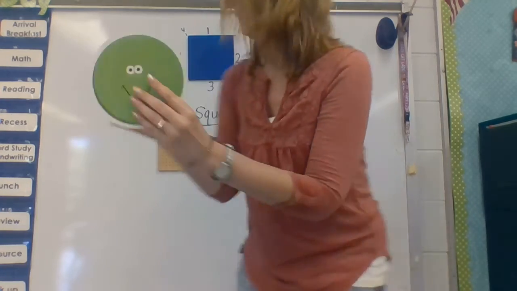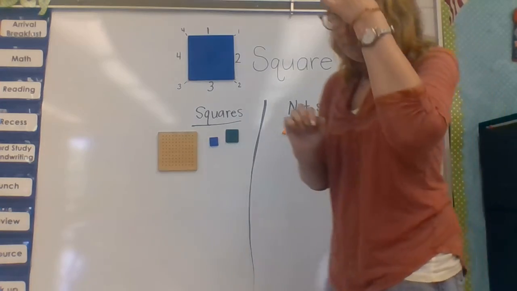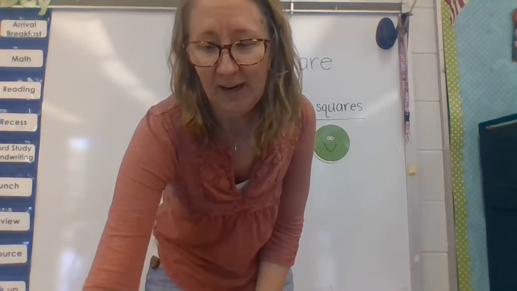You got me. You know he's not a square. This is a circle. Does he have any sides? No. Does he have any corners? No. No sides and no corners cannot be a square. So I'm going to put him right here. All right, let's see what else we've got.